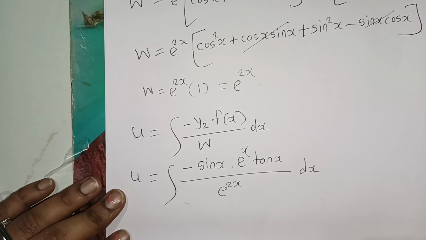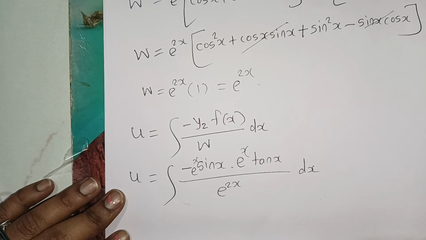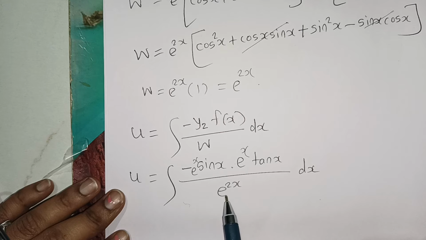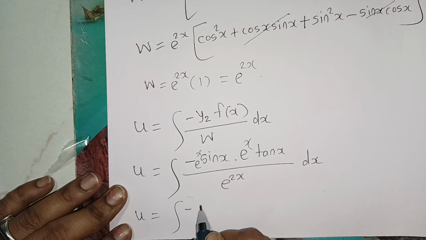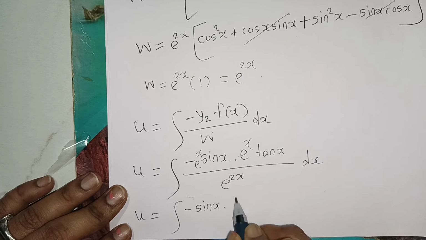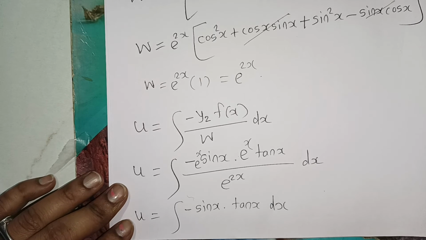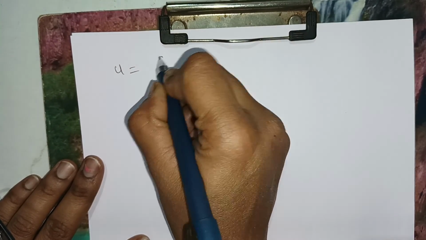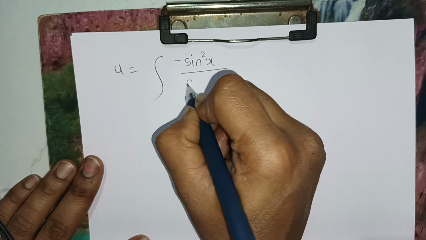Sorry, you have y2 equal to e raised to x into sin x, so e raised to x times e raised to x will be e raised to 2x in the numerator. Already you have e raised to 2x in the denominator, so it will get cancelled, and integration of minus sin x tan x dx will remain. So now tan x is equal to sin x by cos x. So rewrite sin x by cos x. So u is equal to integration of minus sin square x by cos x dx.